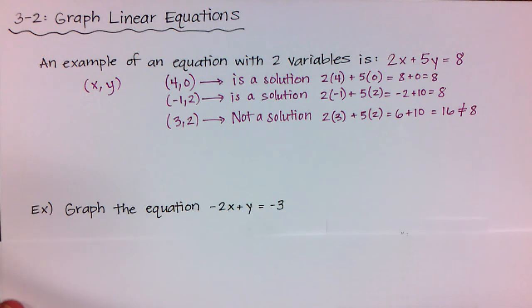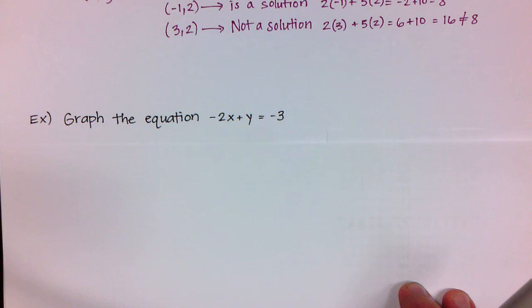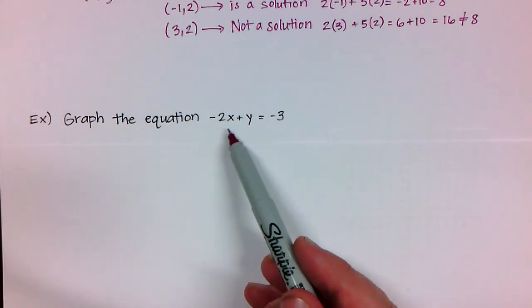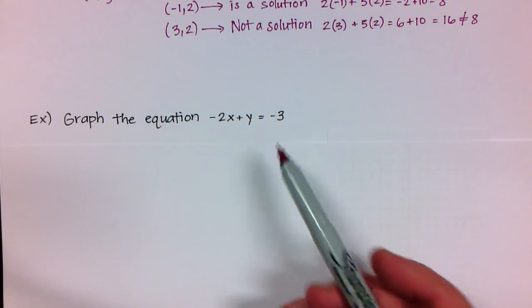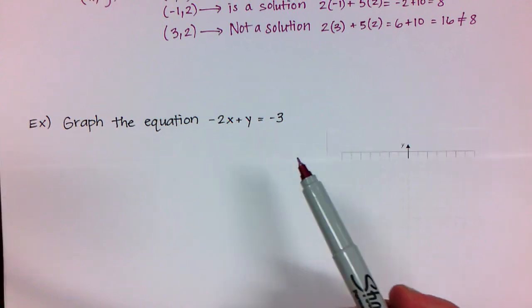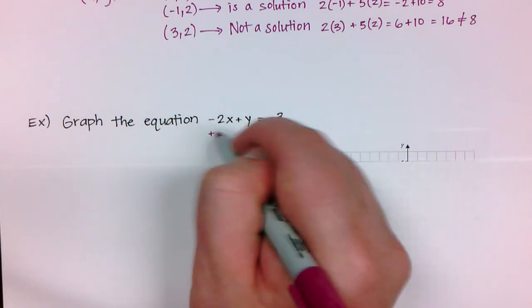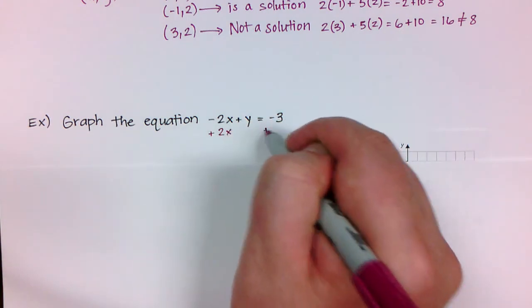So graphing these type of solutions, you're going to have a coordinate plane, okay? The first thing that you want to do when you're given an equation, like this one says -2x plus y is equal to 3, is you want to rewrite it so that it says y is equal to everything else. So to do that, I'm going to add 2x to both sides.